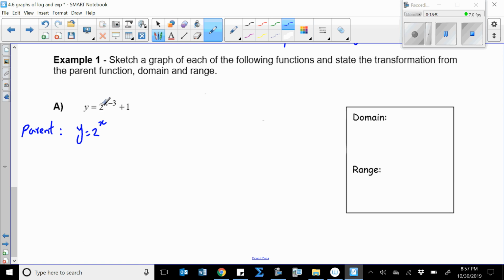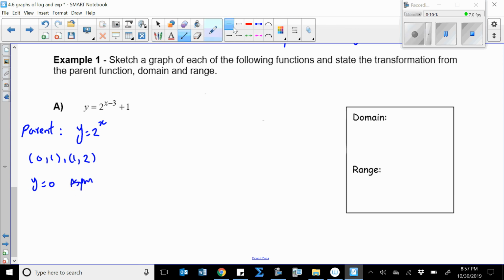So make sure you keep the same base and just write an x as the exponent. This is the parent function. We learned that the 2 points of this function are 0 and 1, and 1 and the base, which is 2 here. We also know that y equal to 0 is the asymptote of this function.